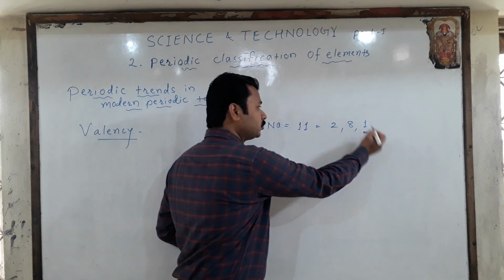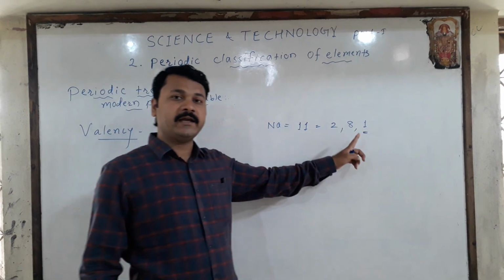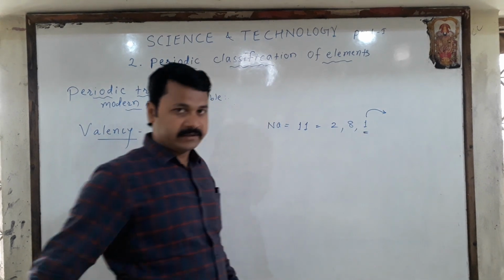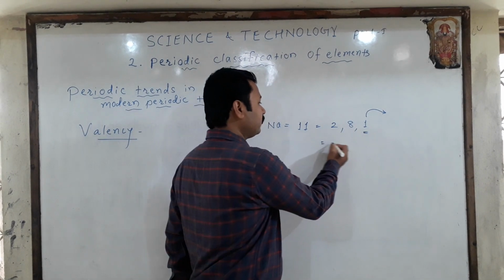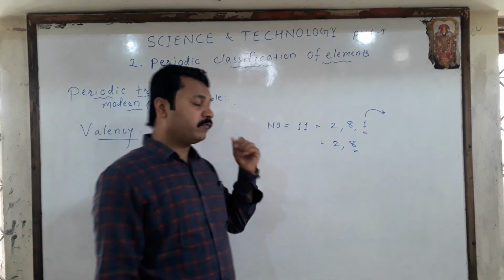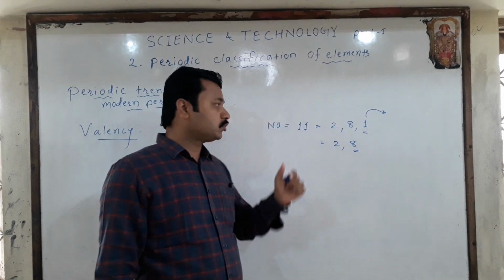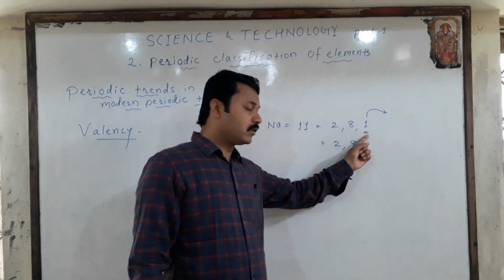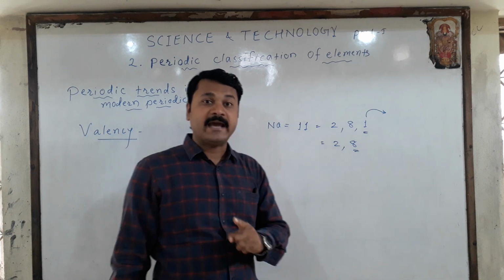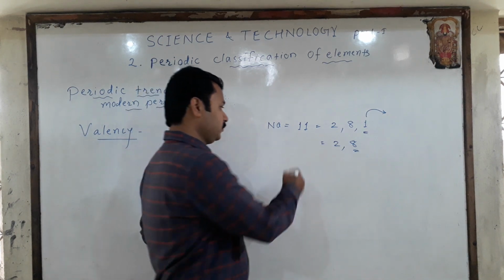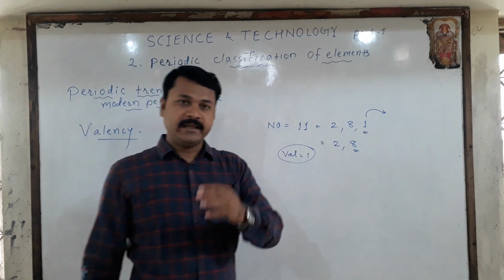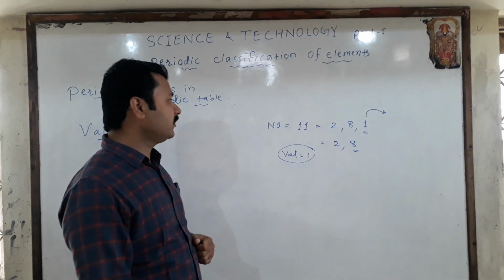So sodium donates one electron to another atom to complete its octet, and now the electronic configuration of sodium becomes 2, 8. So we can say that sodium donates one electron to complete its octet. So sodium has valency 1.